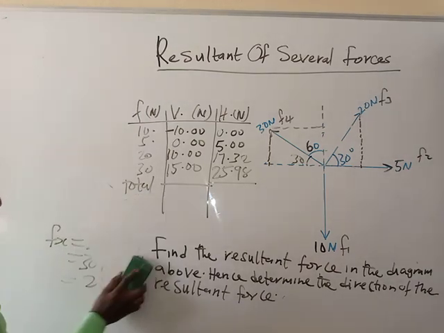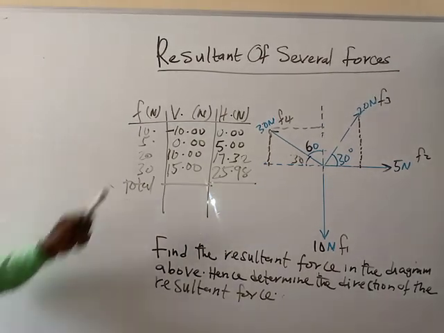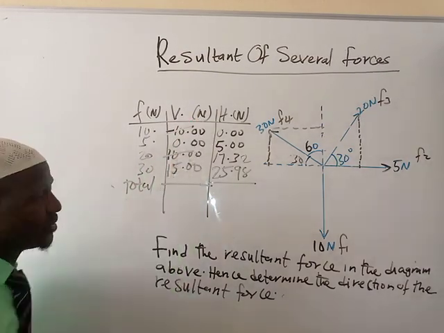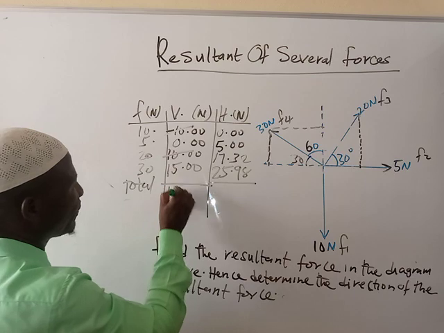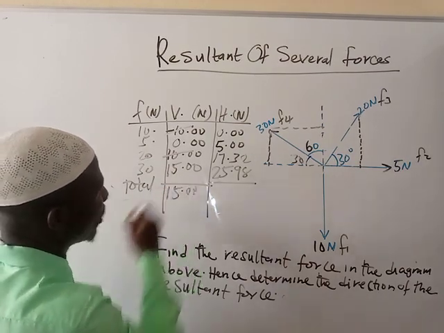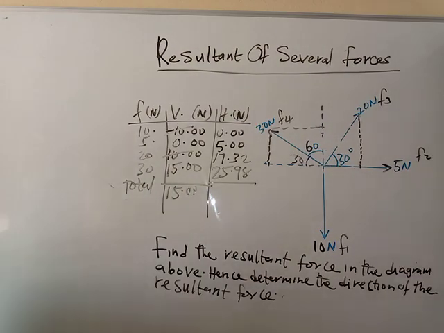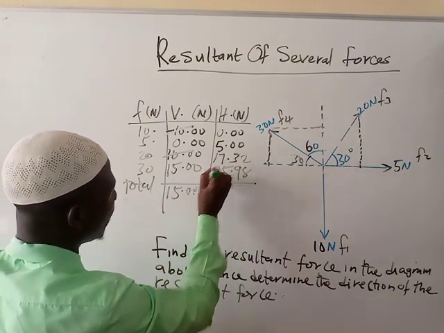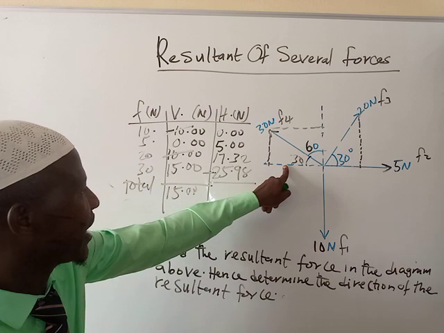Add this one together. You can see this is positive and negative. This is positive, so it may be 15.00. Then this one, also don't forget, this one is minus. This place is negative.